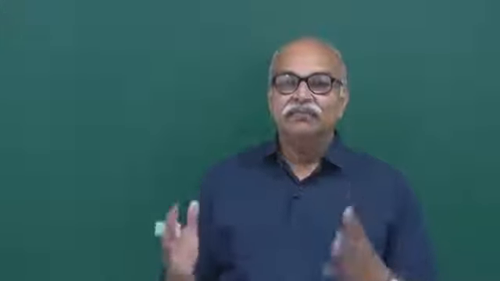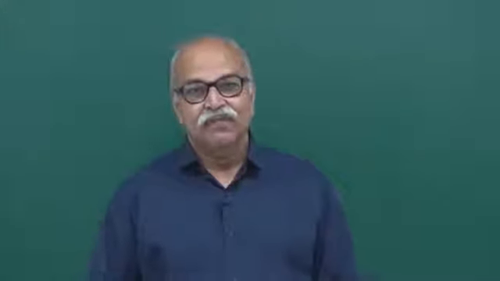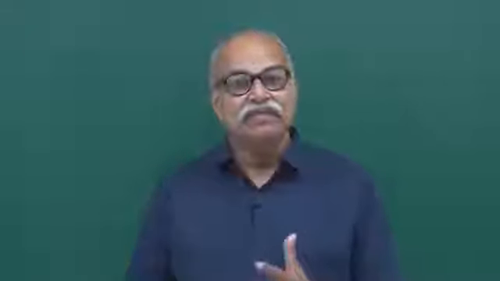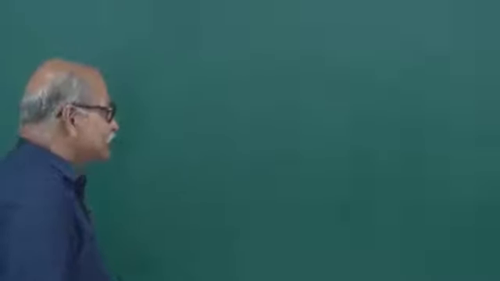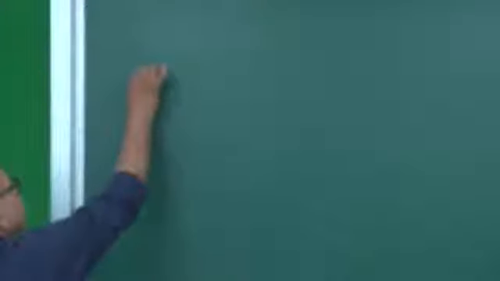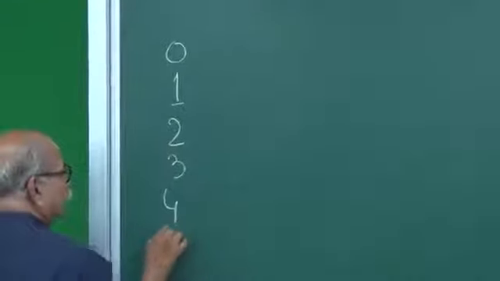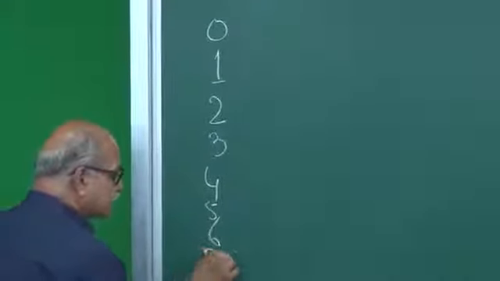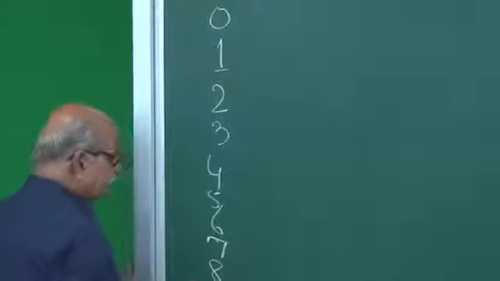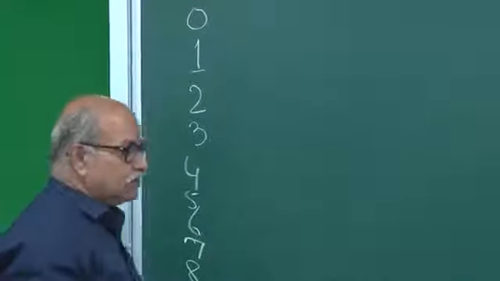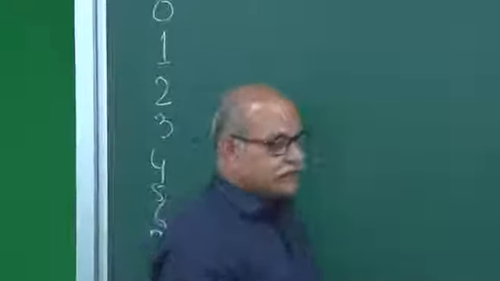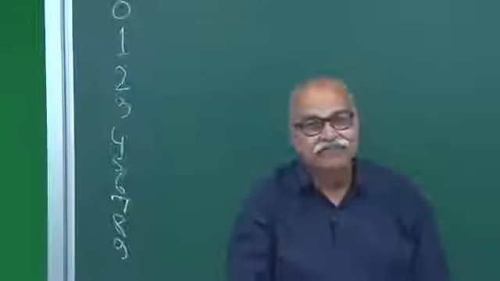In the decimal system, you have 10 symbols to use, and of course India has the credit to invent this system, which is so widely used, and the symbols are 0, 1, 2, 3, 4, 5, 6, 7, 8, 9. So these are the 10 symbols on which this entire arithmetic is done.